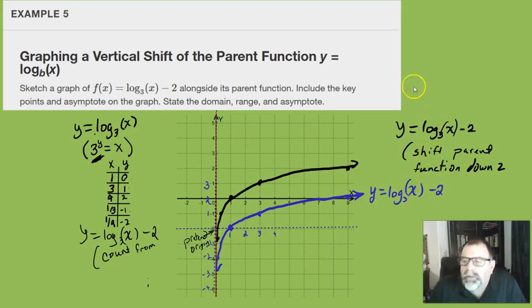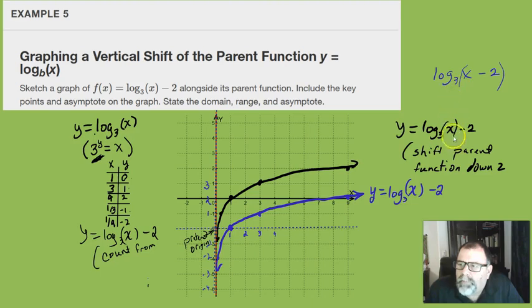Now, just a little word of warning. If there are no parentheses, if I just wrote log base 3 of x minus 2, I'm assuming it's the same as the one that I just wrote here. If I mean x minus 2 as a horizontal shift, I have to put parentheses around the whole thing like this.